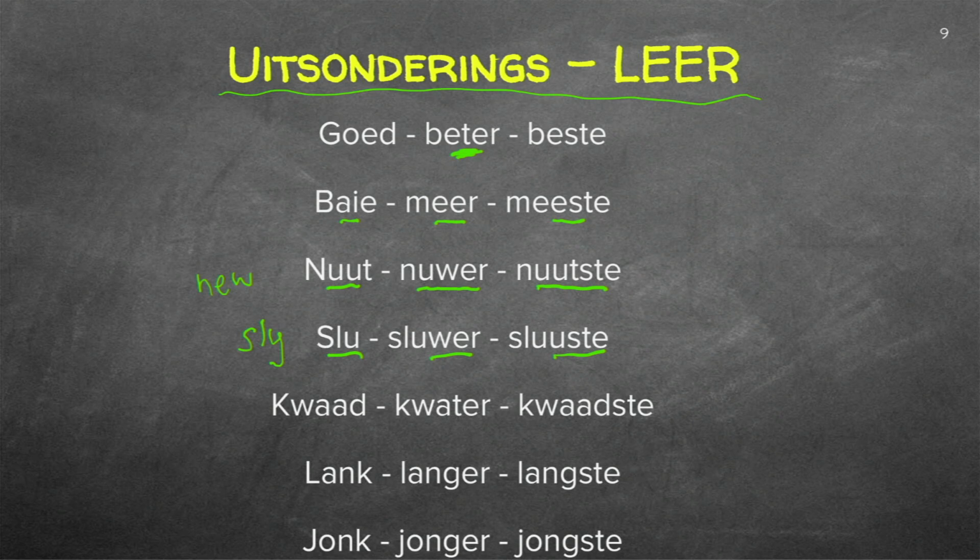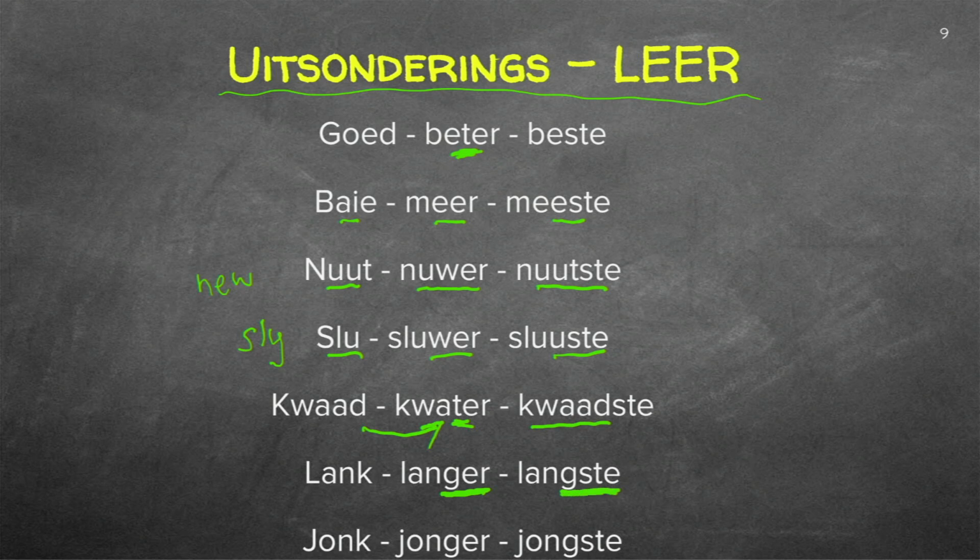Kwaad is a word that ends on a D, but we do not apply the D rule. Kwaad becomes kwaater with a T, and in the third step back to the D, kwaadste. Lank becomes langer, the K changes to a G. And then this one does not revert back to the original word in the third step.